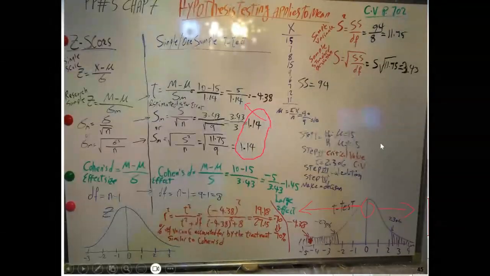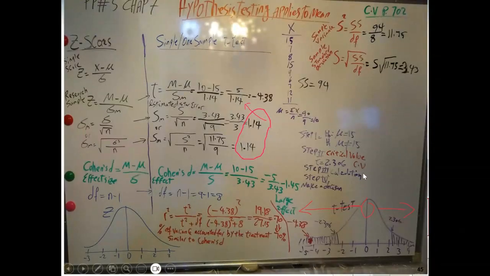On the center right side of the screen, you see the steps in hypothesis testing. Null says mean is 15. H1, the alternative hypothesis, says no, it's not going to be 15. Step 2, find the critical value.